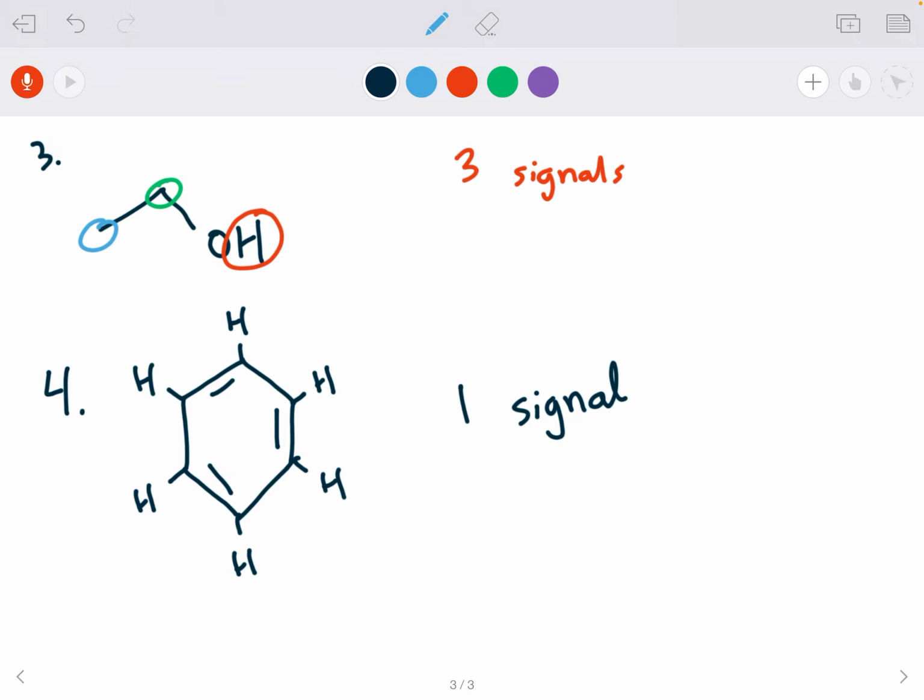All of these are in the same chemical environment, and that is because of symmetry. Right, if I draw a dotted line here, I draw one there, draw one there, this molecule is completely symmetrical. So every single one of those hydrogen chemical environments is identical.